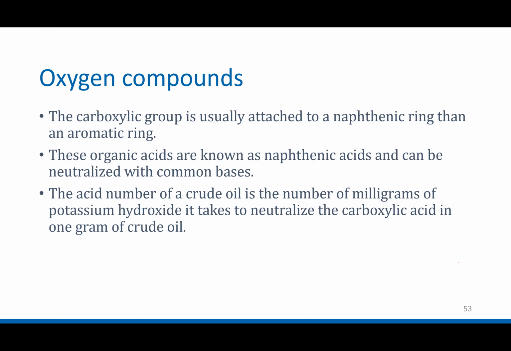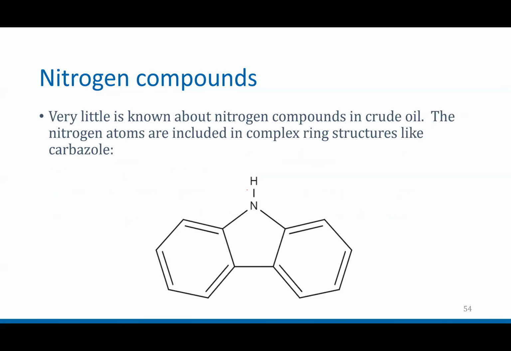So the acid number of crude oil is how many milligrams of potassium hydroxide, a base, it takes to neutralize the carboxylic acid. You do not need to memorize this either. There's really nothing on this slide you need to memorize, but you should know that when testing crude oil, they look at the acidity of it, and the acidity is related to carboxylic acids. So crude oil can be acidic if there's a lot of carboxylic acids in it.